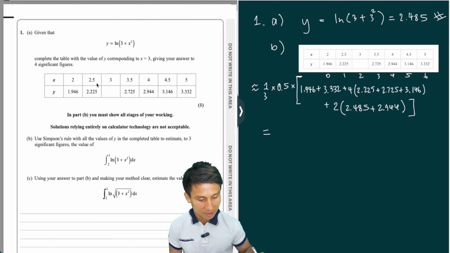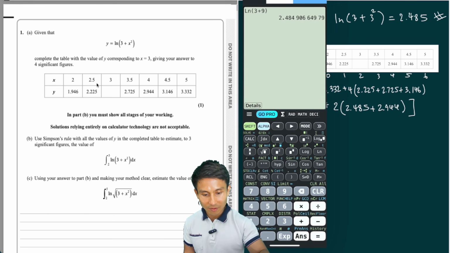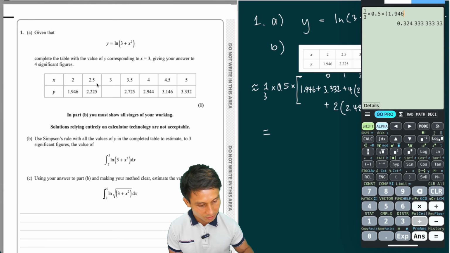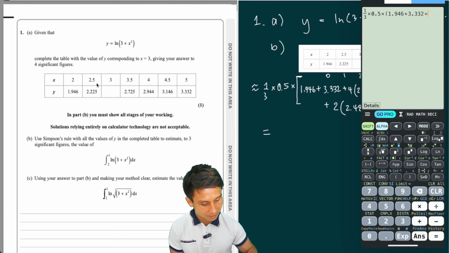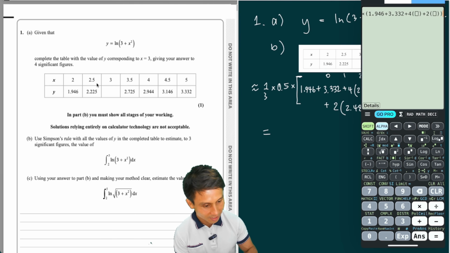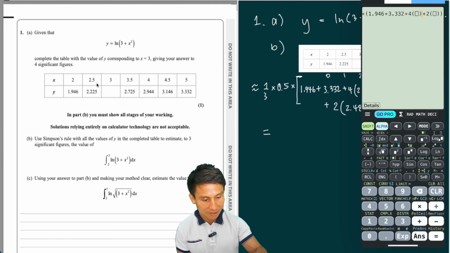So that's going to be using a calculator, right? So 1/3 times 0.5 times brackets 1.946 plus 3.332, plus 4. I'm just going to put brackets like that first, and plus 2 brackets to not confuse myself with the brackets there, and then close bracket, and I'm going to fill in the numbers in here.